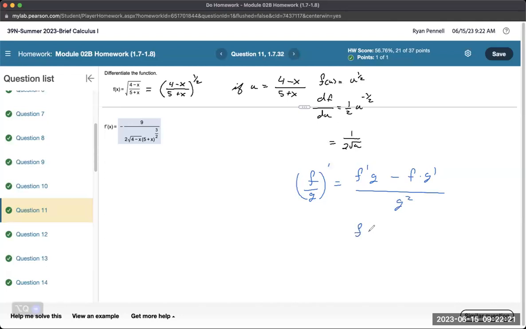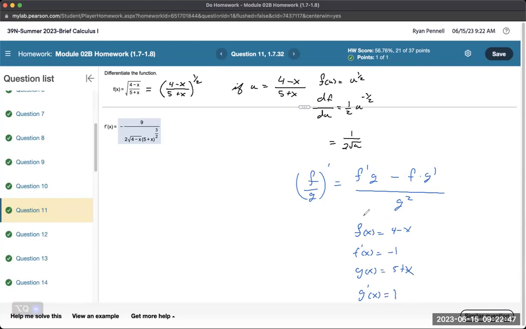So my f of x equals 4 minus x, and then f prime of x is just -1. That's easy enough. G of x is 5 plus x, g prime of x just equals 1. So at least those are kind of easy.